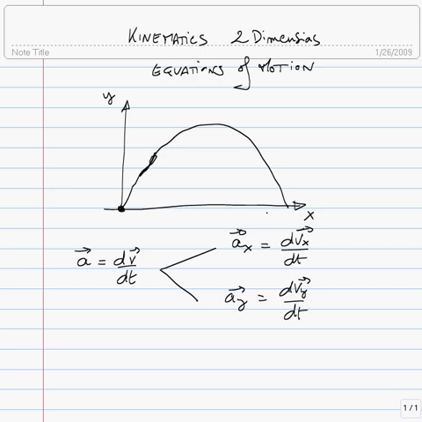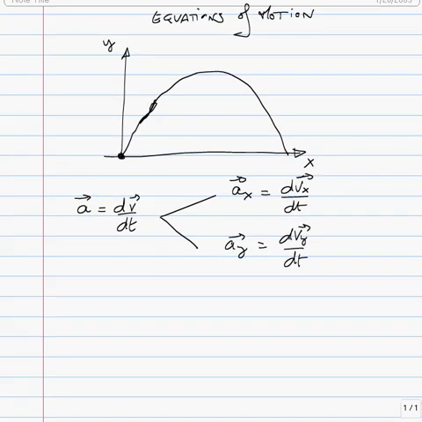So this is like reducing our 2D system into a one-dimensional system. So I'm going to drop the vector notation and do everything in scalar. So let's do the x component first. I will start with ax is equal to dvx/dt.